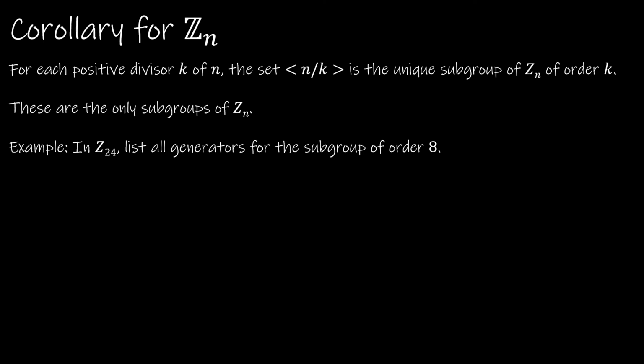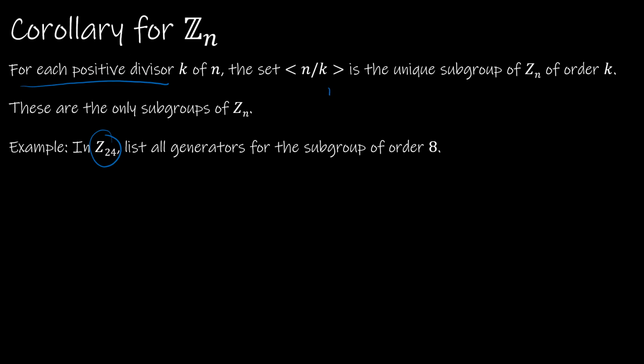And this corollary says for each positive divisor k of n, the set generated by n divided by k is the unique subgroup of Z sub n of order k. And those are the only subgroups of Z sub n. So again, this is for each positive divisor. So before we look at the example, let's think about for Z24, what are the divisors?